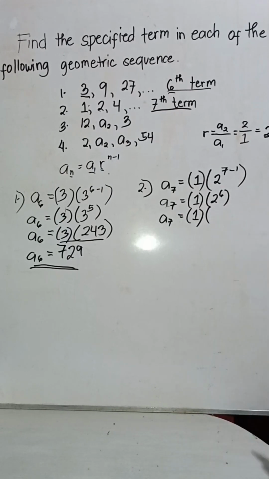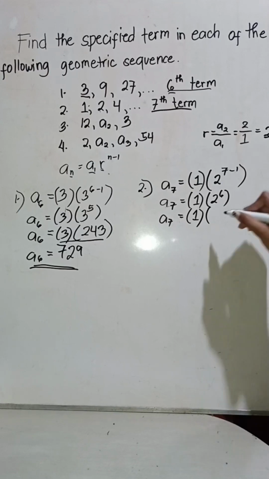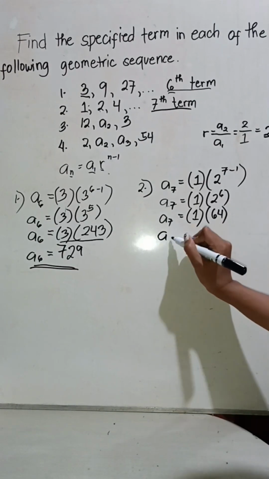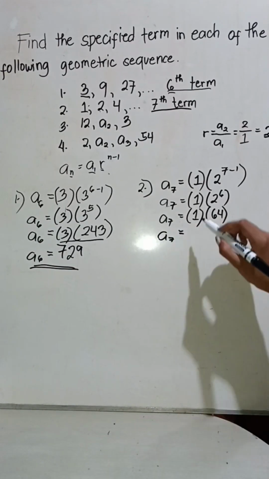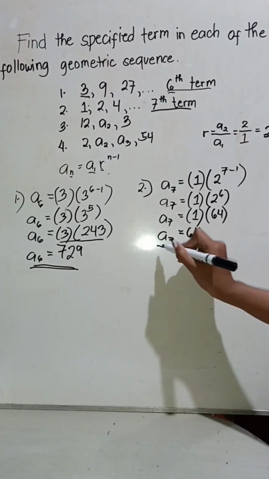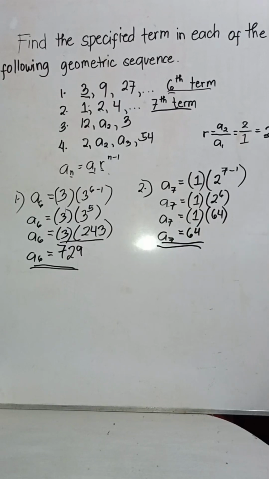What is 2 exponent of 6? It will be 64. So our a sub 7 is equal to 1 times 64, which is 64. Therefore, our seventh term is 64.